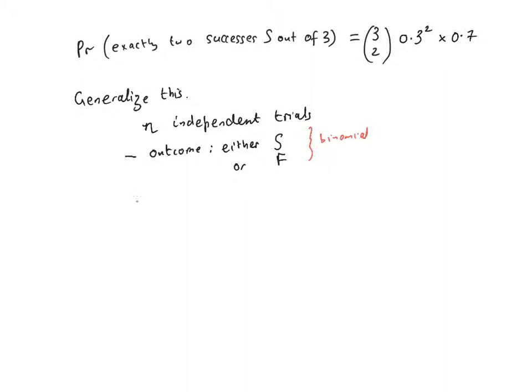And we also know that the probability of success is p, and the probability of failure is q, which has to be 1 minus p.